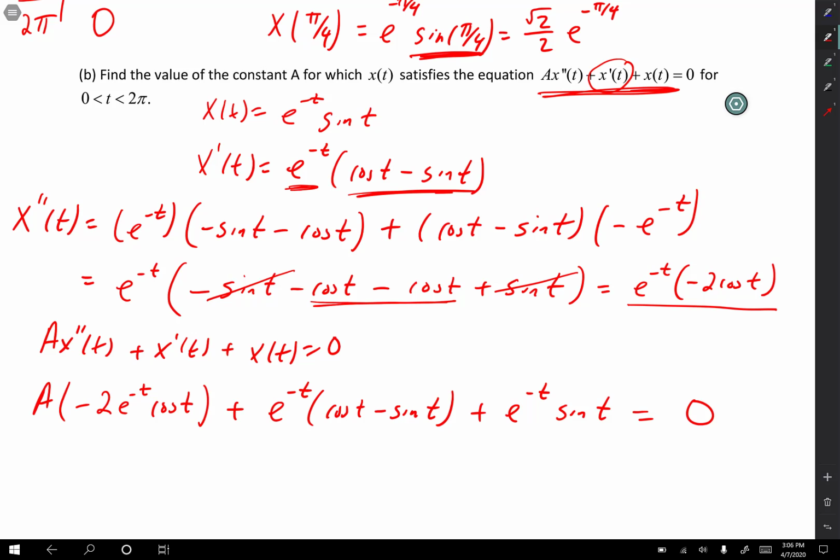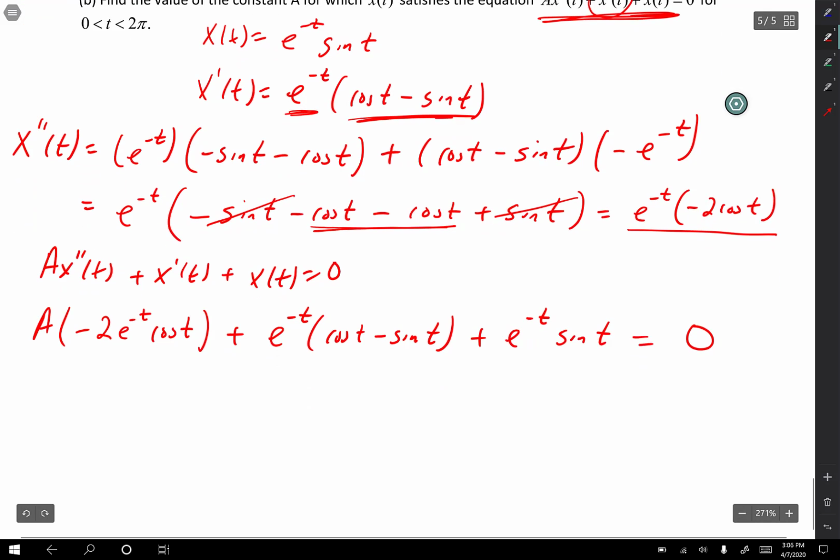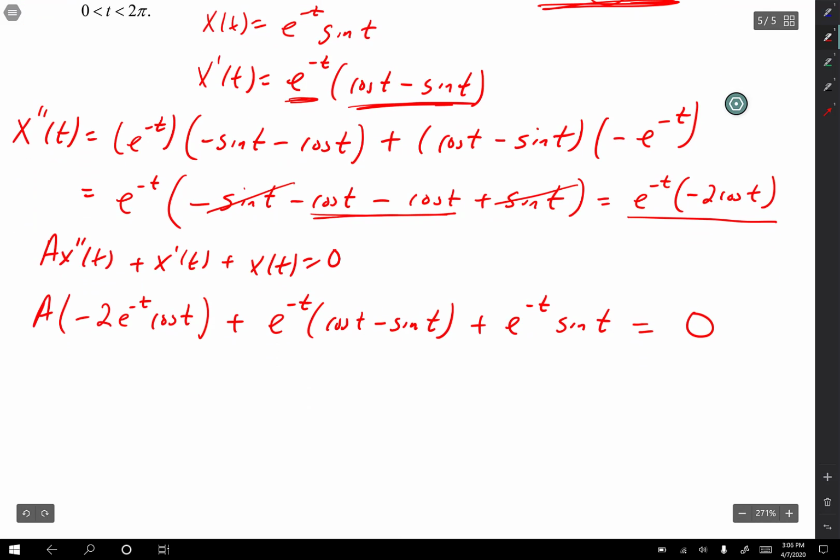I can see that I can factor out e to the negative t on all of them. So let's see, cosine, cosine, sine. Yeah, let's do that. e to the negative t. And now I'm going to have negative 2 cosine t plus cosine t minus sine t plus sine t.